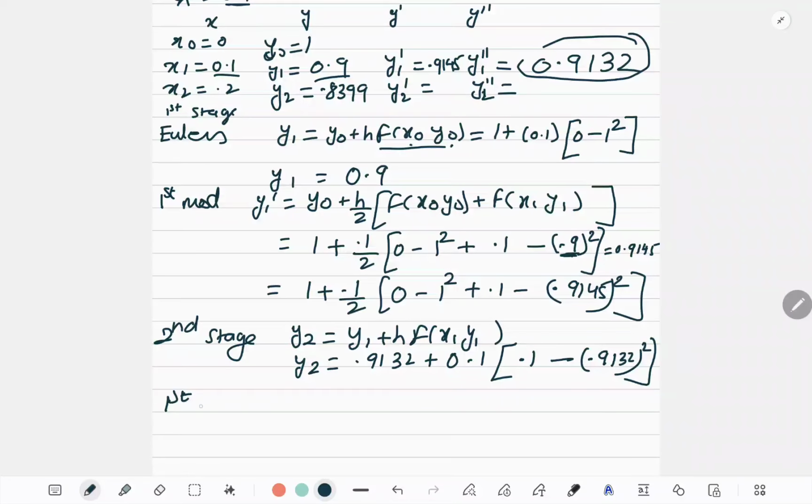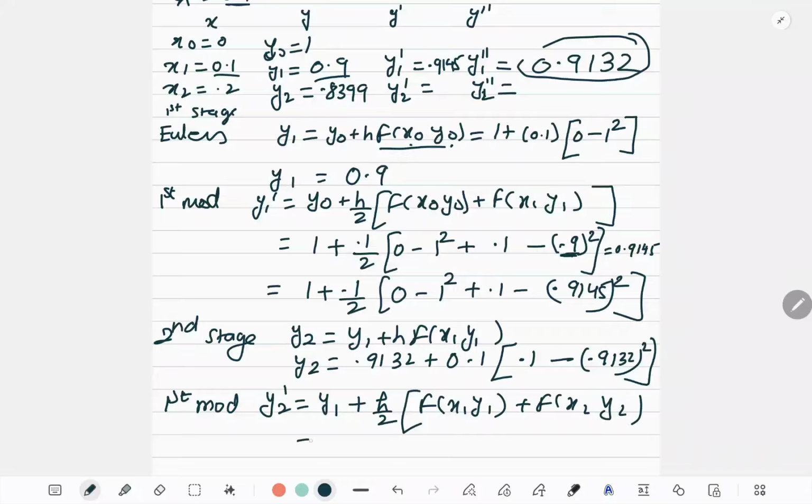So first modification when you will do, so y2 dash is equal to y1 plus h by 2 f of x1 y1 plus f of x2 y2. Put the values. So y1 is equal to how much? Whenever you get confused, go to the table and check. 0.9132 plus 0.1 upon 2. f of x1 y1. So x1 is 0.1 minus 0.9132 square.